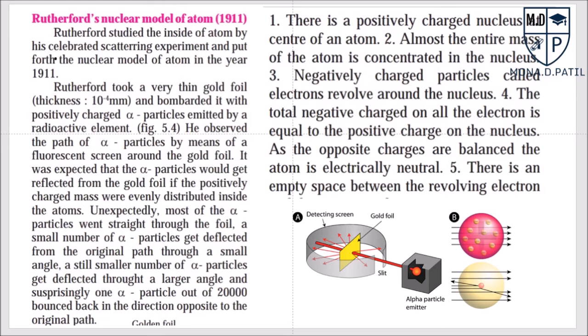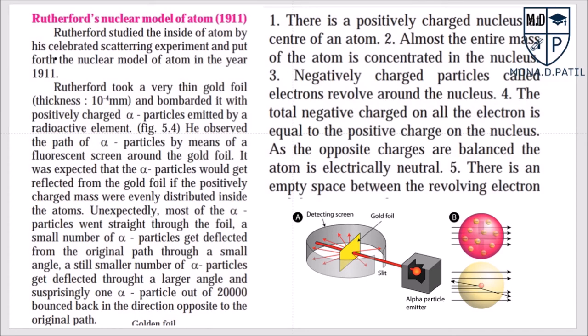He observed the alpha particles by means of a fluorescent screen around the gold foil. It was expected that alpha particles would get reflected from the gold foil, because there is no space according to the scientists. So he expected all alpha particles to come back from the foil, but most of the particles crossed the foil, as if the positively charged mass were evenly distributed inside the atom.